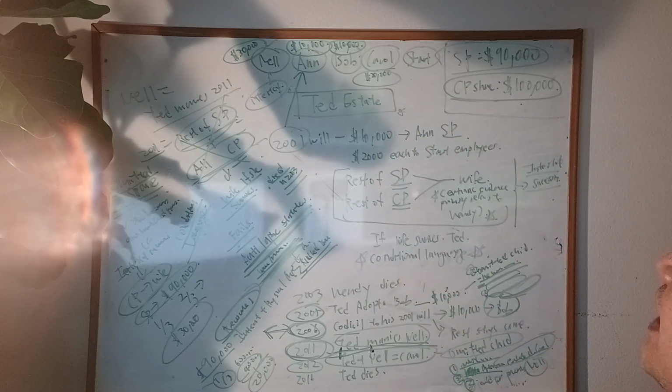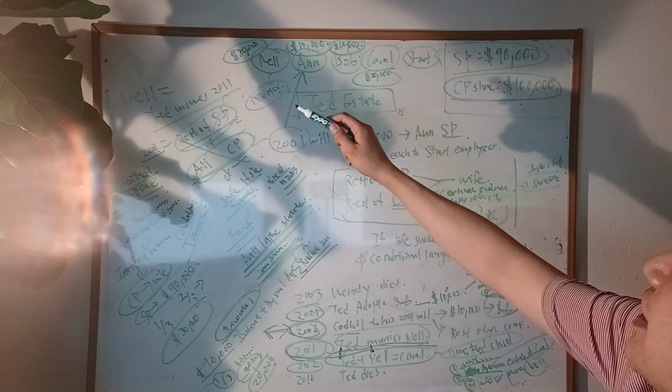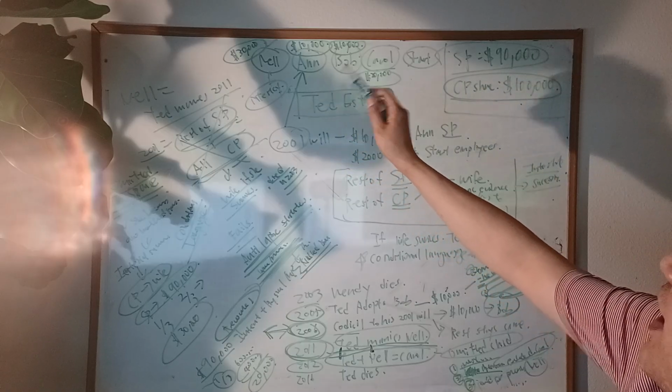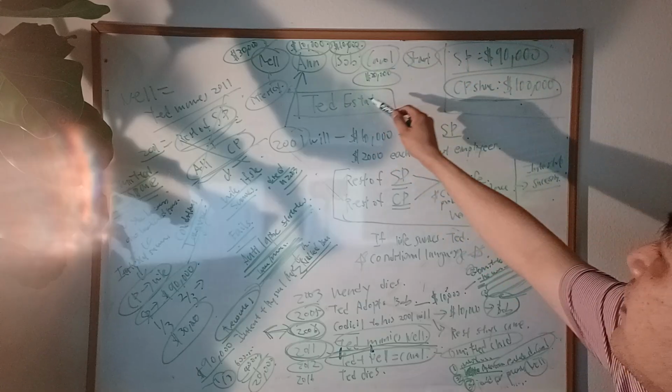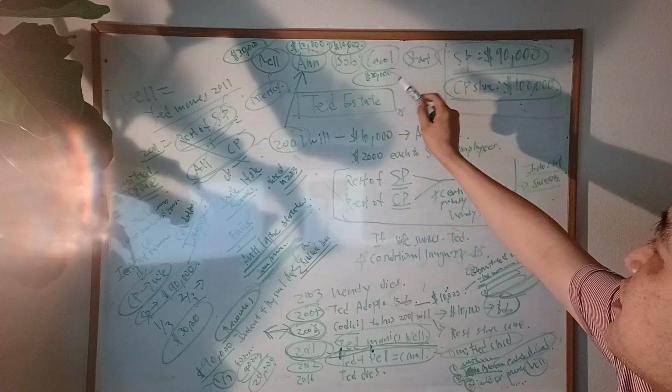Because from 90,000, we have 30,000 for Nell, 10,000 to Anne, 10,000 to Bob, and 20,000 to Carol.